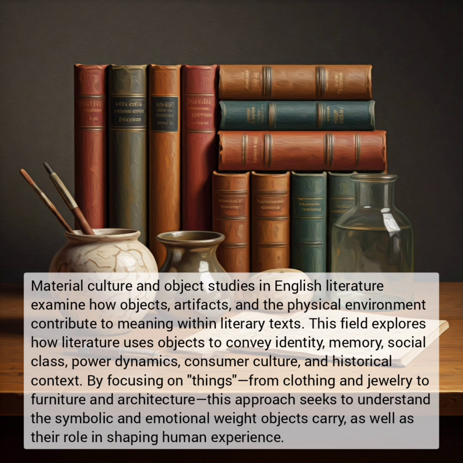By focusing on things from clothing and jewelry to furniture and architecture, this approach seeks to understand the symbolic and emotional weight objects carry, as well as their role in shaping human experience.